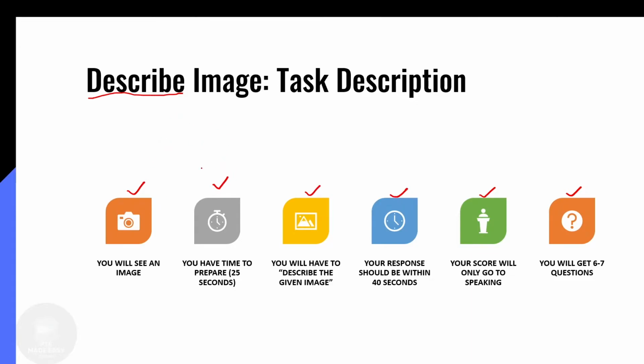Even if you think of this page as an image, you can see that there is a picture of a camera, a picture of a clock, a picture of a mountain, a picture of another clock, a picture of a podium, and a picture of a question mark. Rather than really going through the details of what's written, I'm just describing what I can see.